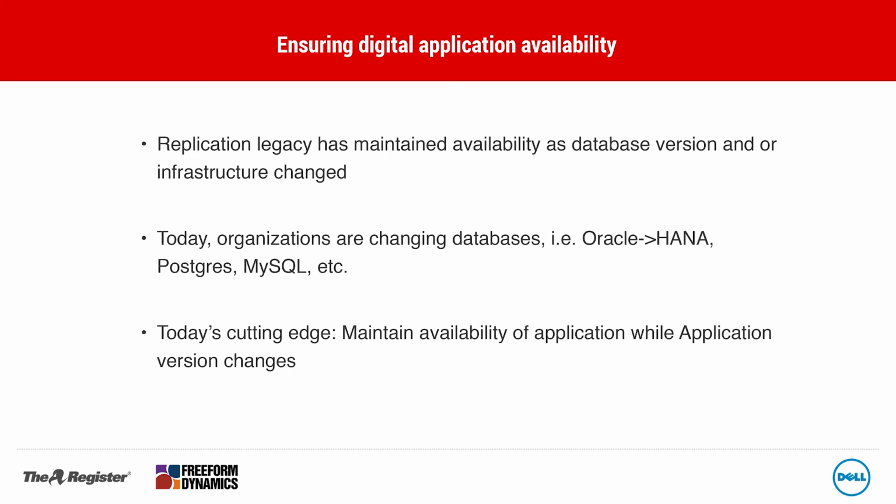They had previously upgraded their database, going from 11G to 12C using SharePlex. And when the application upgrade presented itself, they didn't know what they were going to do. And then the DBA team came forward and said, look, we've never done this before, but we believe that we can maintain availability even though the schema is going to be changing underneath us while we do this application version upgrade.